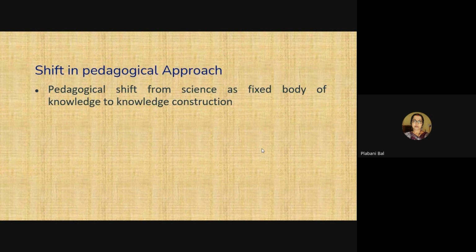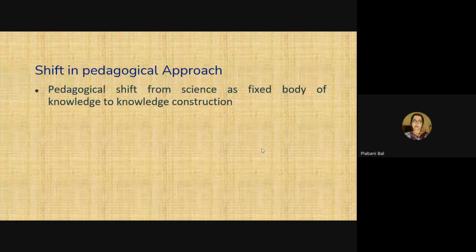Science is not the transferring of knowledge from one generation to another. Science needs creative thinking, critical thinking, reflective thinking. So it is also focused very much in NEP 2020 on the reflective thinking of the learner. If the teacher teaches and the child has no thinking process developed, that is not science teaching in the classroom.